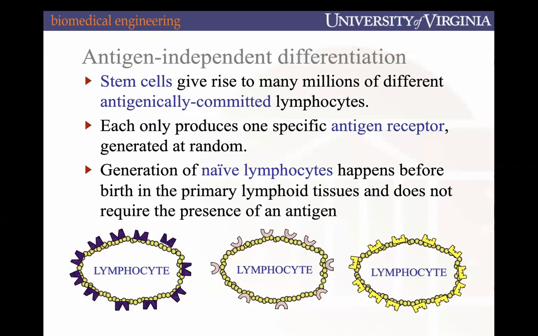When they're naive, meaning not differentiated or activated, they're unactivated and not quite functioning yet. When they're activated, they'll undergo a differentiation process and be prepared to be more functional. The generation of this library of naive lymphocytes happens before birth, and this differentiation to create antigen-specific lymphocytes all happens without antigen.